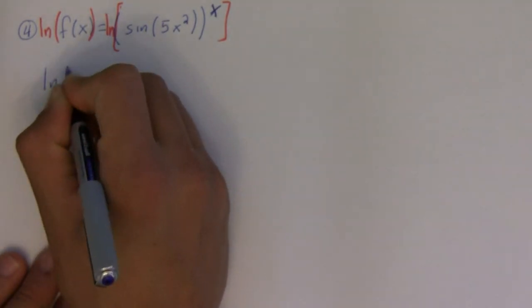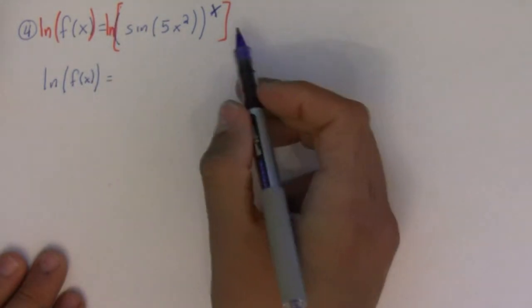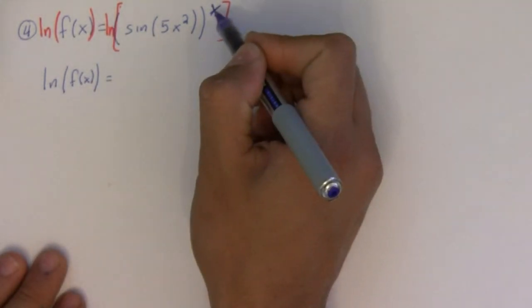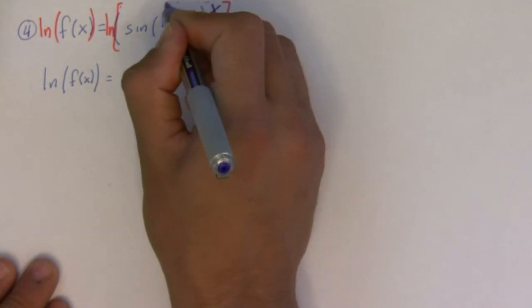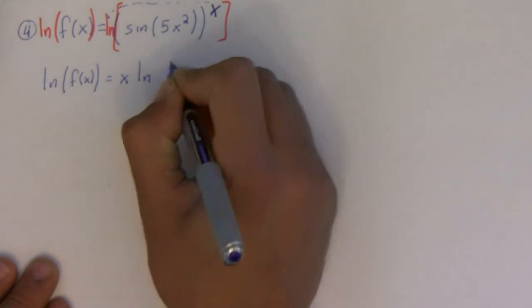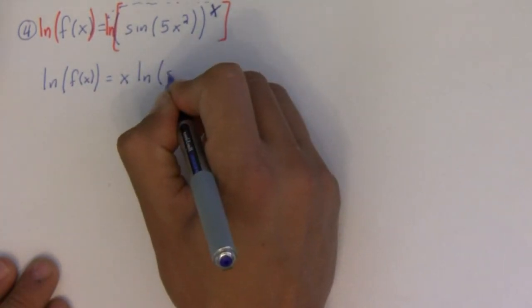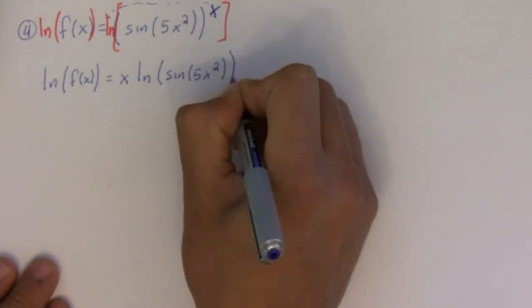Now when we do that, we're going to get the natural log of f of x is equal to, now we can use the third law of logarithms, which states that we can bring the power out in front, so we would have x times natural log of sine of 5x squared.